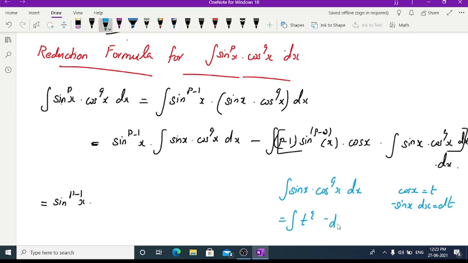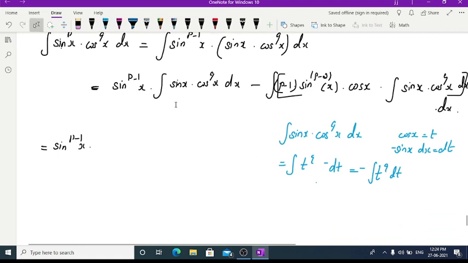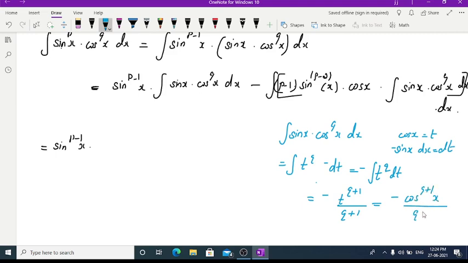Take the minus outside: minus the integral of t^q dt. Now integrating, that is minus t^(q+1) divided by q+1. Substituting t equal to cos x, this is minus cos^(q+1) x divided by q+1.